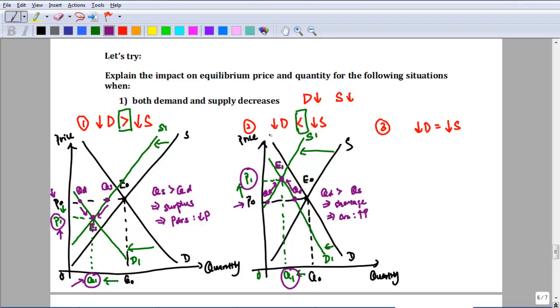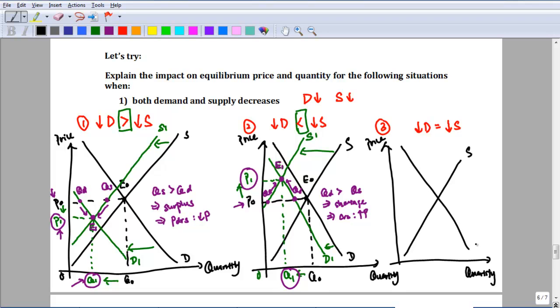Now let's take a look at the last case. What happens when the fall in demand is equal to the fall in supply? Draw in your supply and demand, which intersect at this point here, so this is your market equilibrium quantity Q0, and price will be P0.